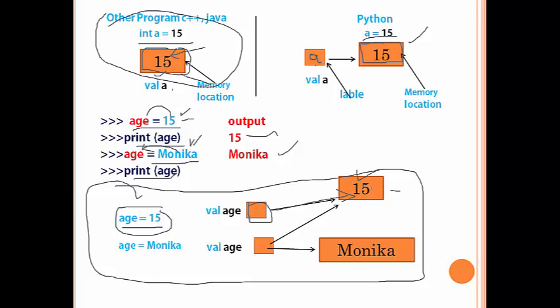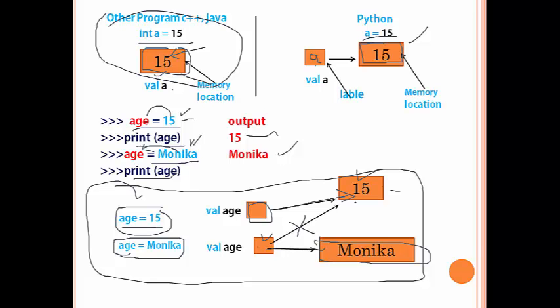The next time, when I assign Monica, the label indicates a new memory location that stores Monica. It no longer indicates the old one.